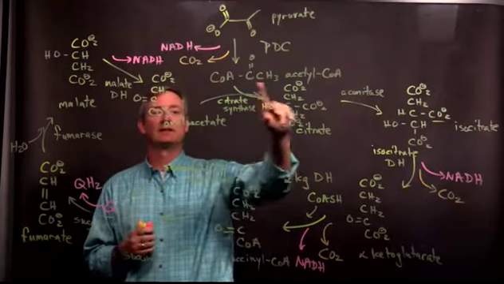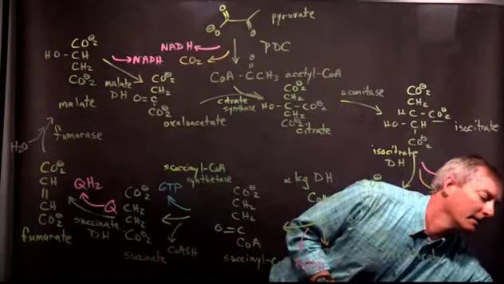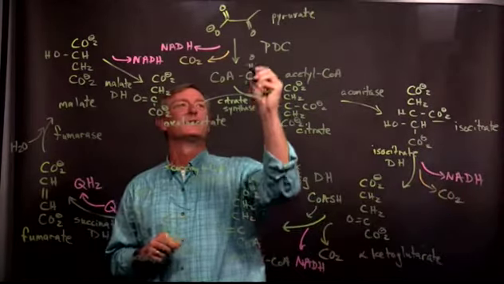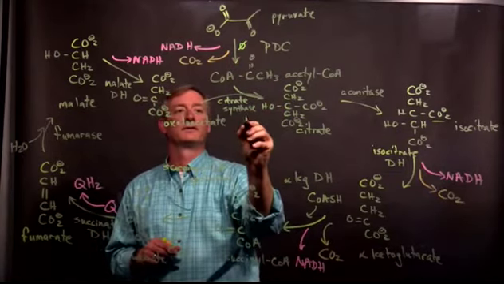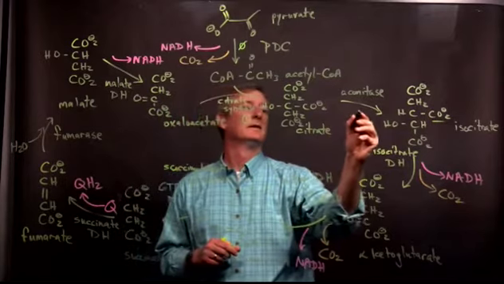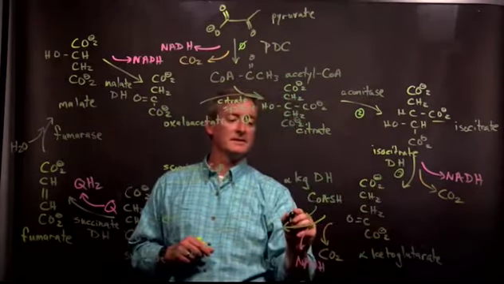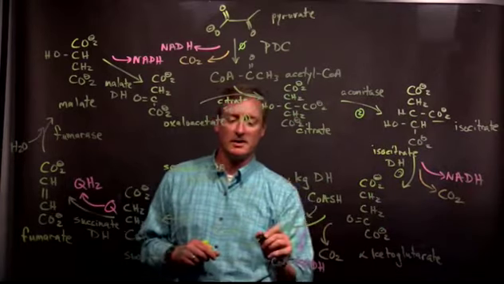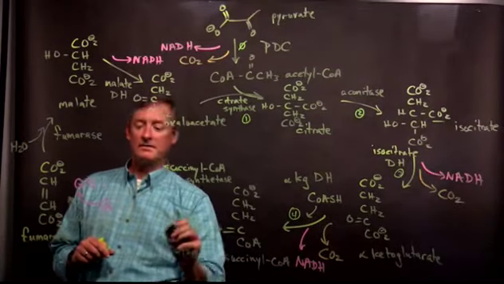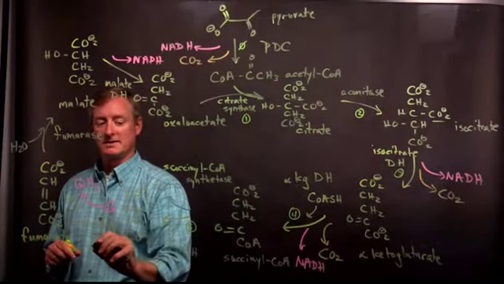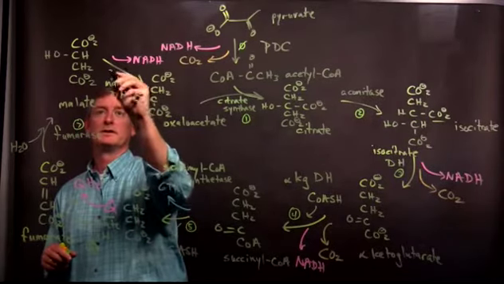Okay, so this completes our cycle, right? We have, let's try another pen here. Reaction 0, our pyruvate dehydrogenase complex, citrate synthase, aconitase, isocitrate dehydrogenase, alpha-ketoglutarate dehydrogenase, our succinyl-CoA synthetase, 5, succinate dehydrogenase, 6, fumarase, 7, malate dehydrogenase, 8.